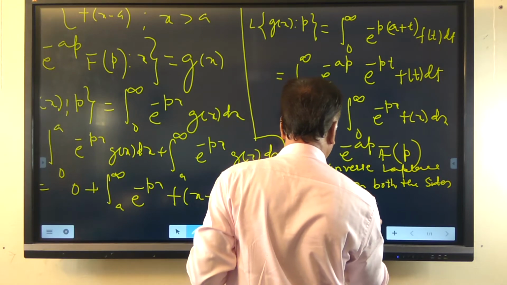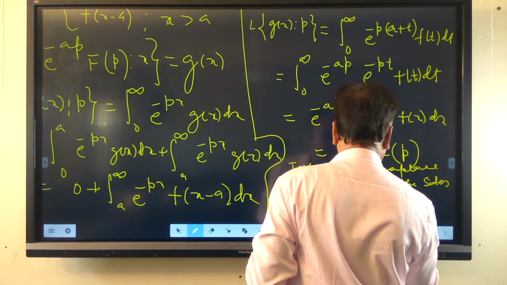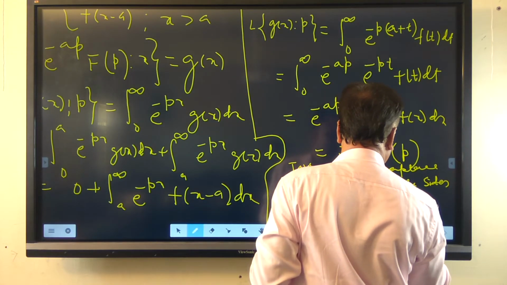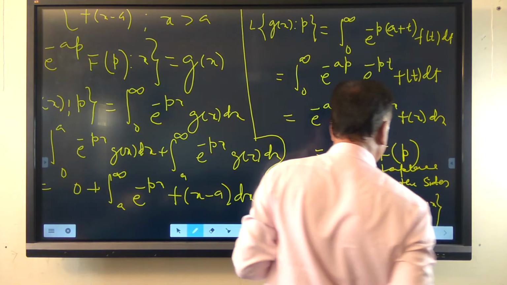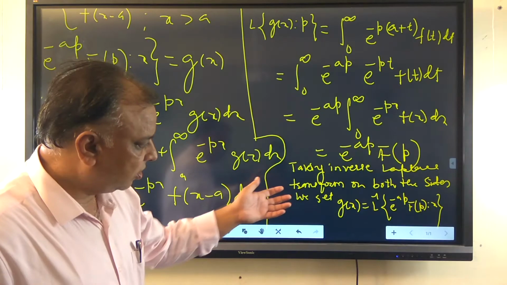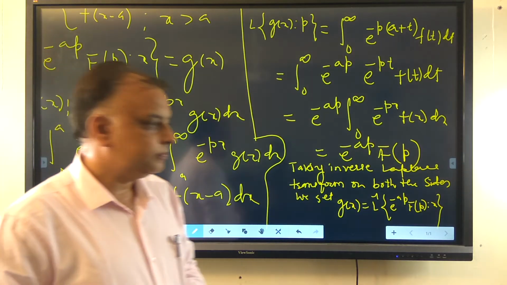So g(x) is equal to the inverse Laplace transformation of e raised to minus ap F(p) with respect to x. This is known as the second shifting property.